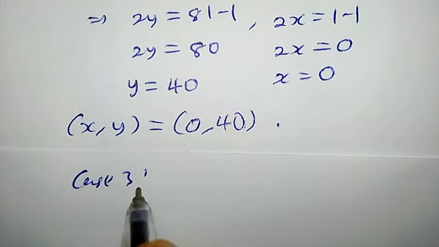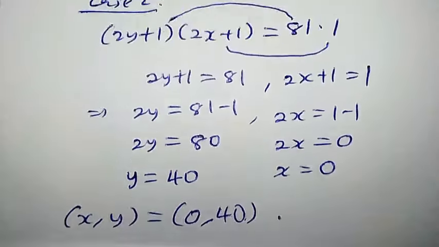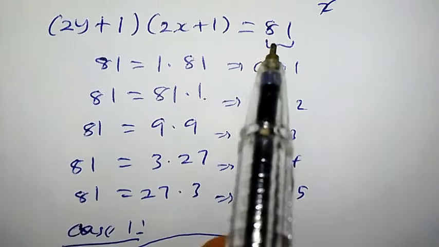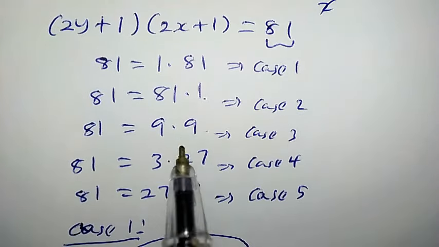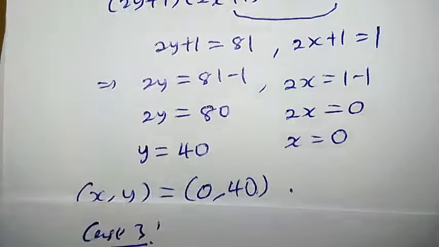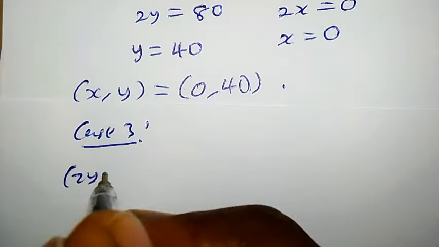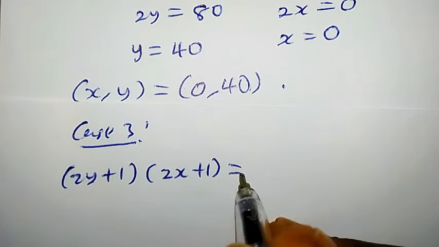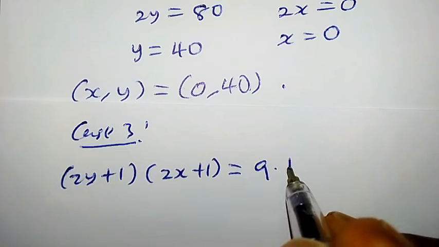Now, let us consider case 3. For case 3, we will simply replace this 81 with 9 times 9. Let's do that. So we have (2y plus 1) times (2x plus 1) equal to 9 times 9.